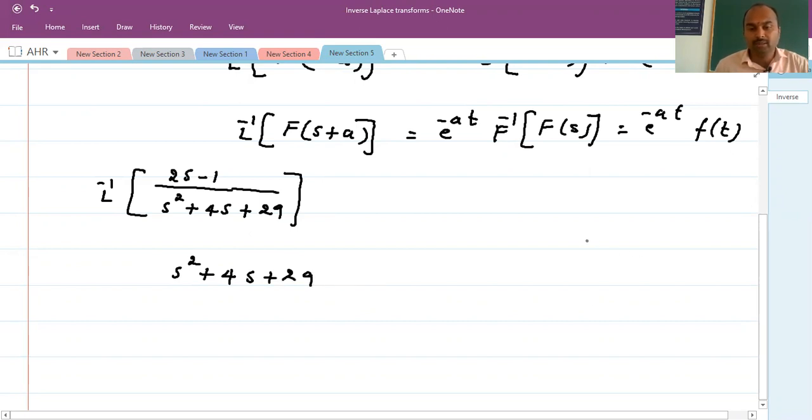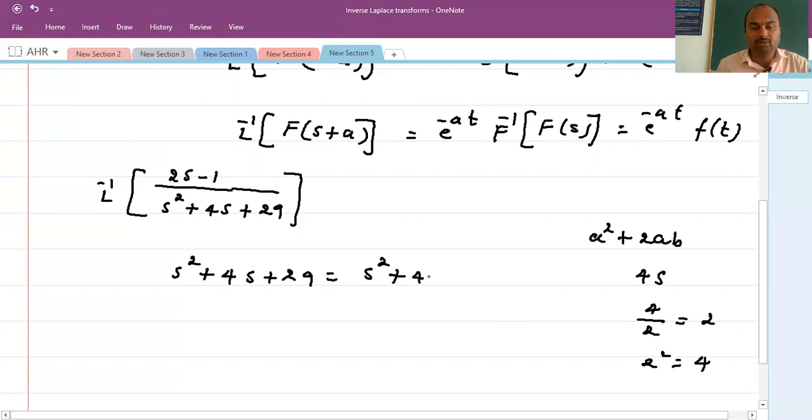See, the denominator is of the form a square plus 2ab, the first one. This is not the third one. So here we have 4s, so you divide 4 by 2. So 4 by 2 will be 2. You square the 2, so it becomes 4. You add and subtract 4. That is s square plus 4s plus 4 minus 4 plus 29.